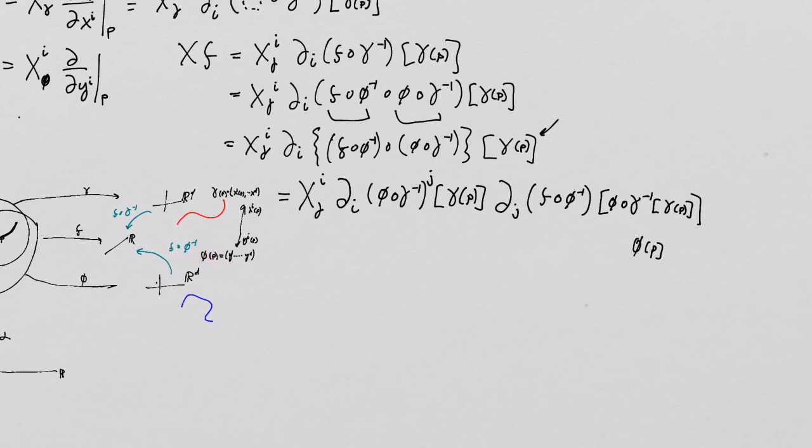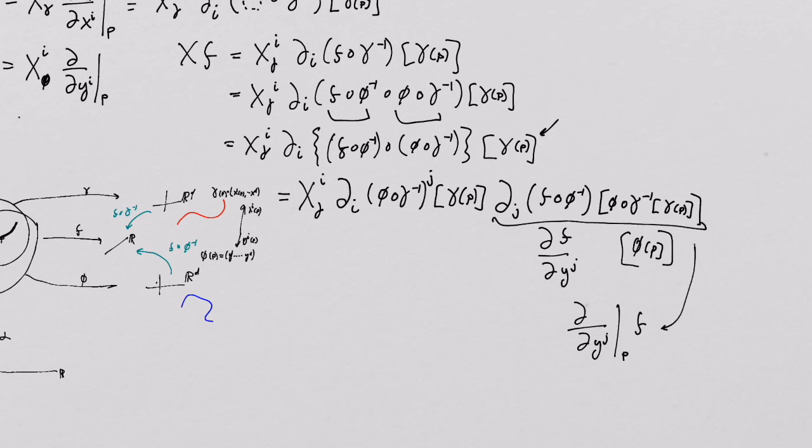So I can write that as ∂f/∂y^j evaluated at γ(p), right? So that whole thing can be put together to be ∂f/∂y^j, or I can even take it a step further and get rid of the f, right? ∂f/∂y^j evaluated at p using our full-on notation operating on f. So this whole thing here has become that there.